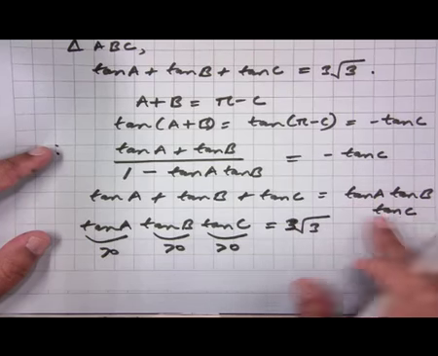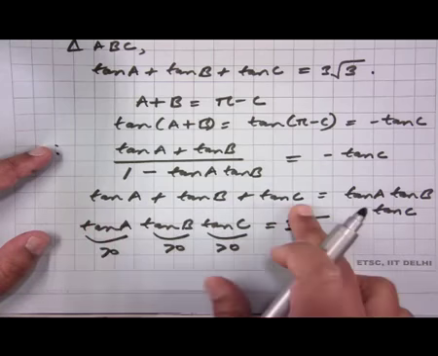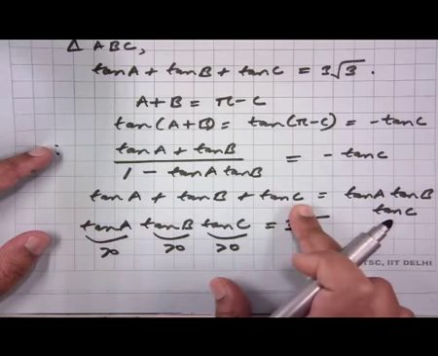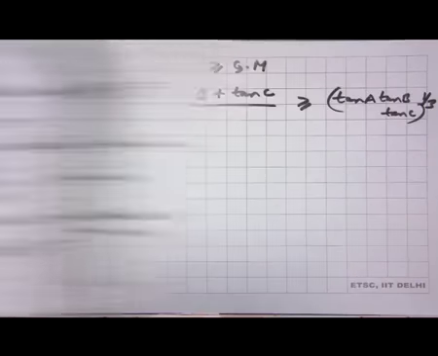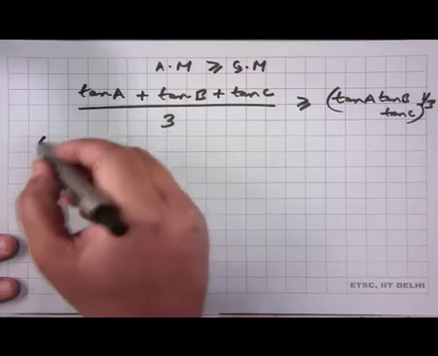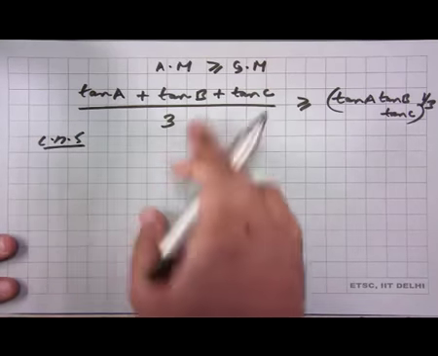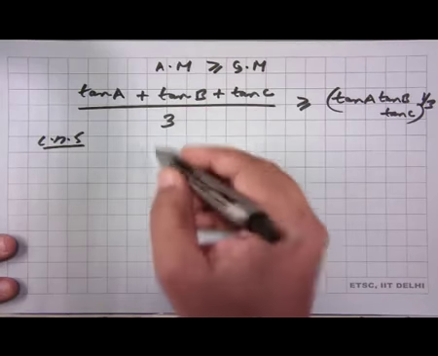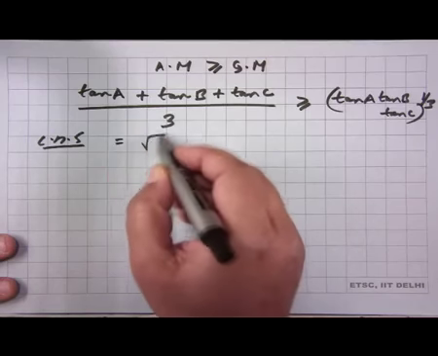Now, in this case, we already know that the product of the tans and the sum of the tans of the angles are both equal to 3 times square root of 3. So, let us try to evaluate the left hand side for the problem that we have been given. The left hand side will come out to be 3 root 3 divided by 3, which is square root of 3.